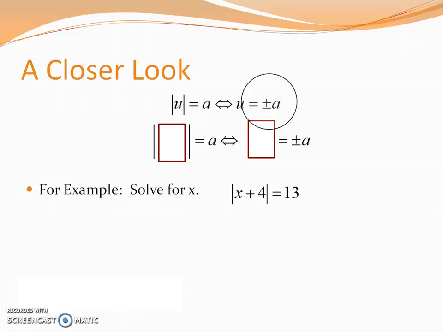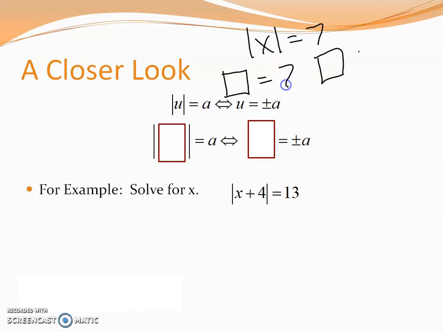Okay, a closer look at the absolute value of u equals a. U could equal a positive or a negative a. So if you have something on the inside of the absolute value signs and it equals a, that part on the inside could equal a positive a or a negative a. In our example, if I had the absolute value of x equals 7, there are two things that could be plugged in for x to make that statement true: 7 or -7, and both would make that true.